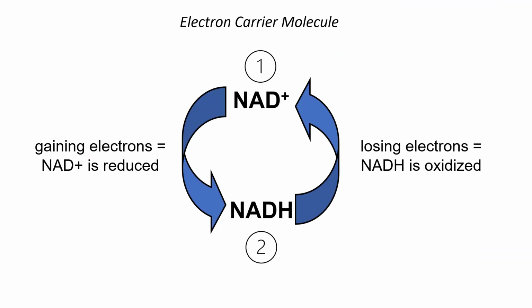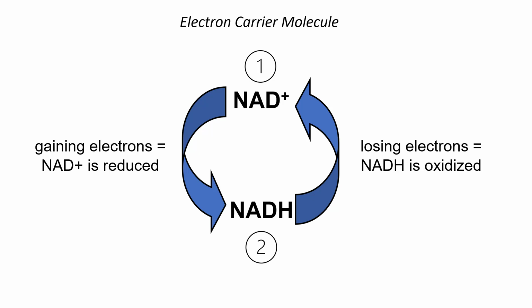Now, if you need a little review on NAD+ and NADH, remember that this molecule, nicotinamide adenine dinucleotide, comes from niacin, one of the B vitamins, and it is an electron carrier molecule. As glucose and other molecules in the process of cellular respiration lose their electrons, NAD+, as an electron carrier molecule, is going to pick up those electrons.